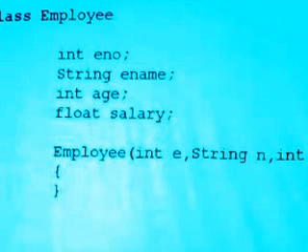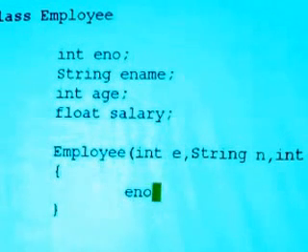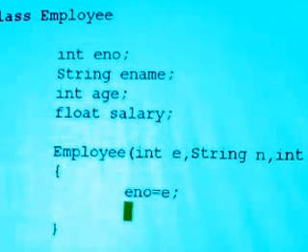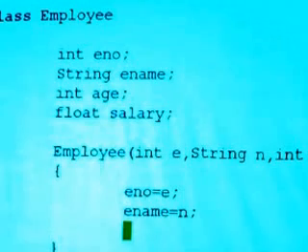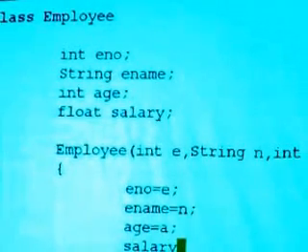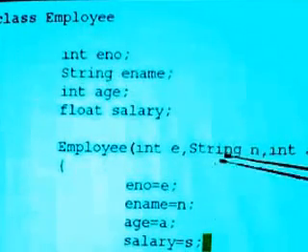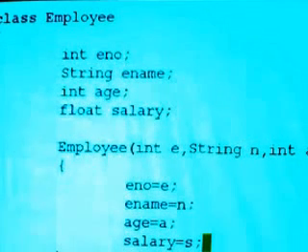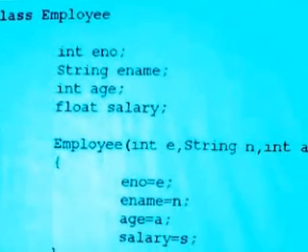We will just do a very simple initialization of the state. We have employee number is equal to e, ename is equal to n, and similarly age is equal to a, and salary is equal to s. There we are. So we have initialized an employee class with this constructor. This is a 4 parameter constructor. You know, when we provide a constructor to a class, Java takes away its default constructor anyway. So we have this constructor which is used to create an employee object.